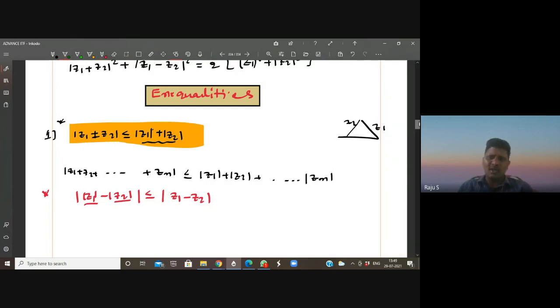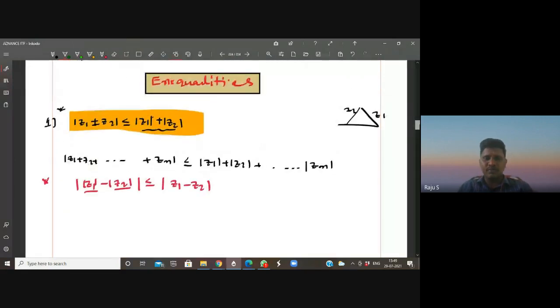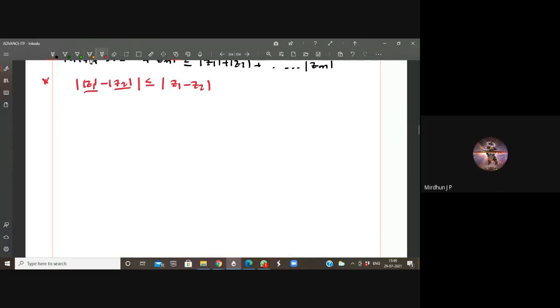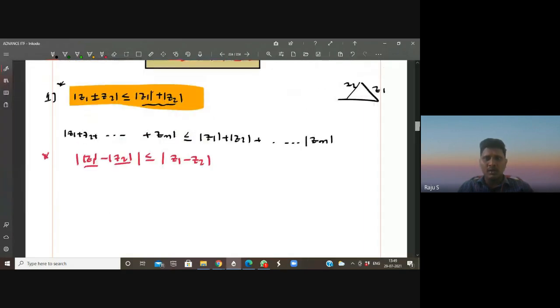I'll give an example for every property while solving the many problems related to these properties. Mainly you have to remember the first inequality. This inequality you may or may not remember, but the first one is very important.